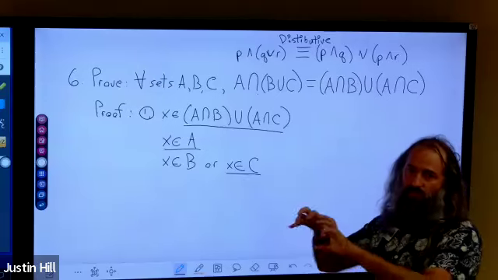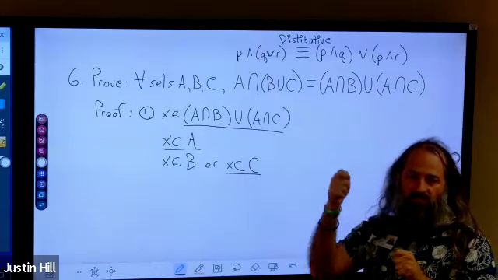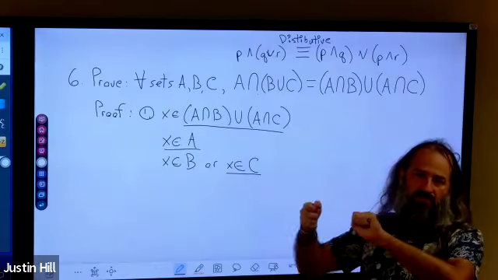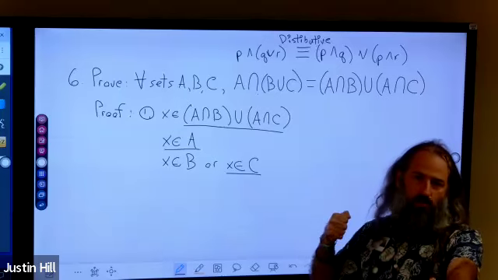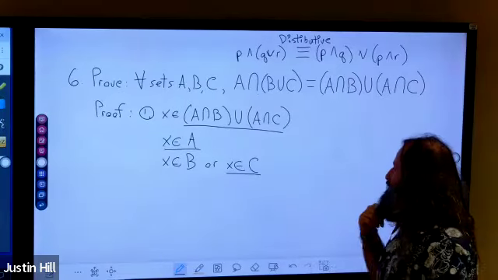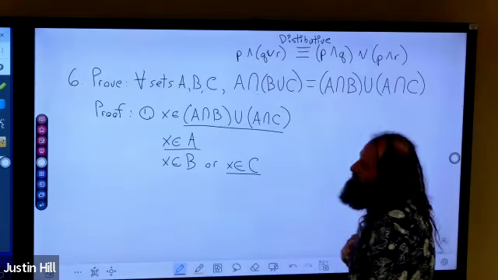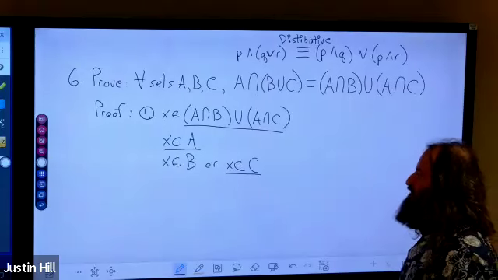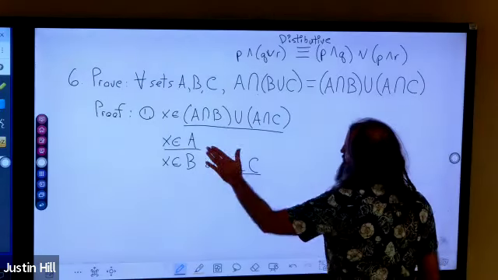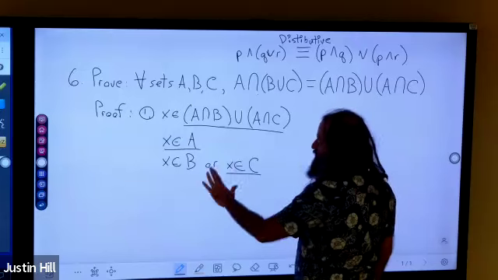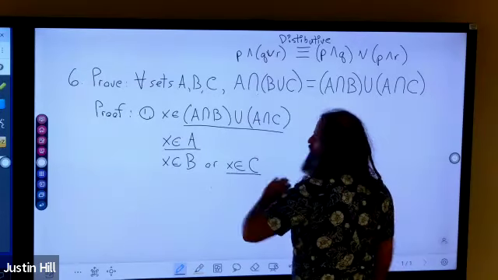So we can use those to literally, I think about it, it's almost like you're unzipping this set into what it logically means, logical statements. So we're unzipping this original set, X is in A intersect B union C, and now it says X is in A, and X is in B or X is in C.